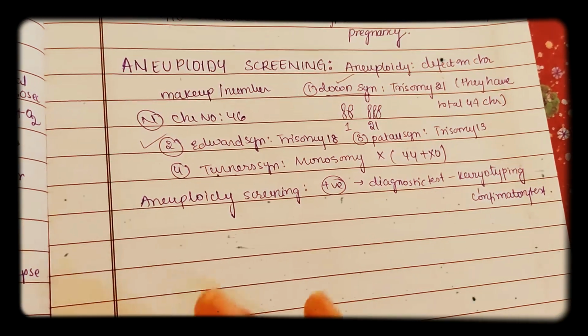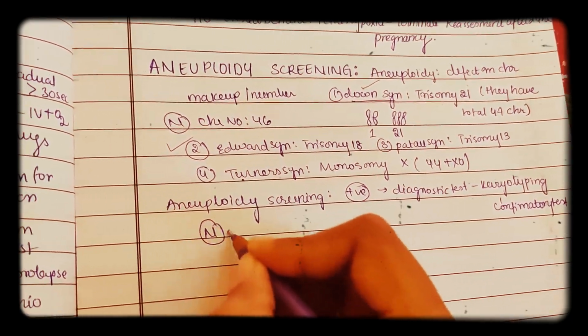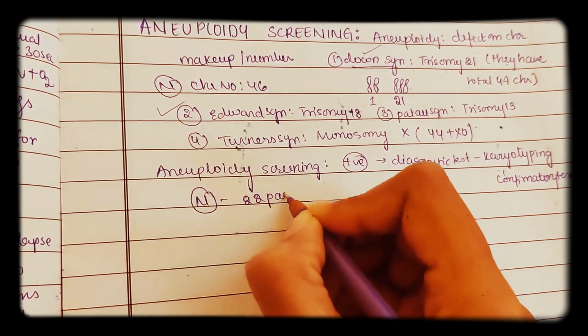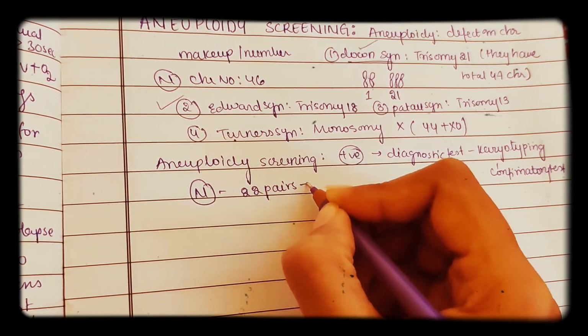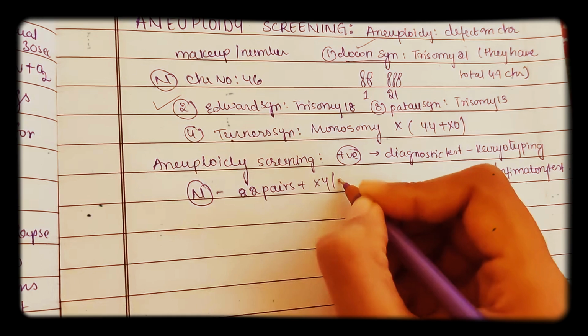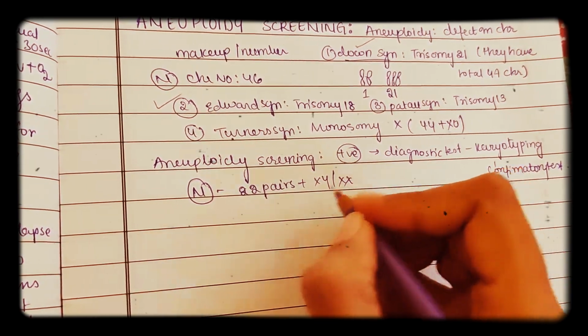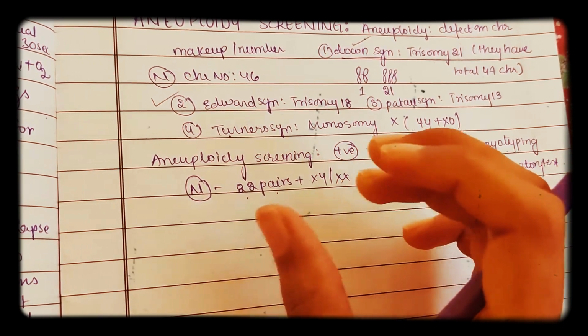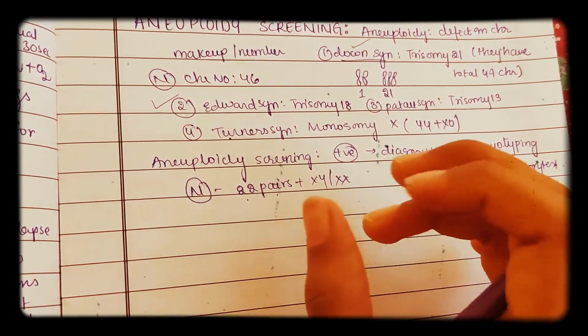First you see what the normal karyotype is. In the normal karyotype you will have 22 pairs of chromosomes along with XY or XX. If female, XX; if male, XY; and the remaining 22 pairs will be normal chromosomes.